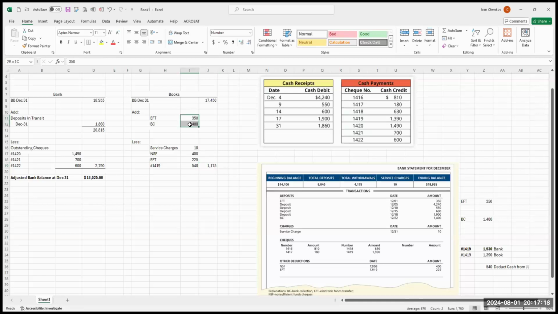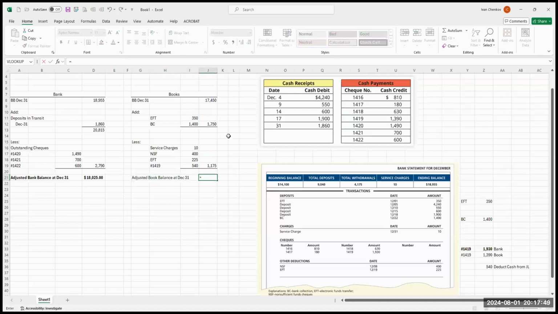And the total cash that we have to add to our cash in our journal would be $1,750. Once we do those two things, we have to see what will be our adjusted book balance at December 31st.